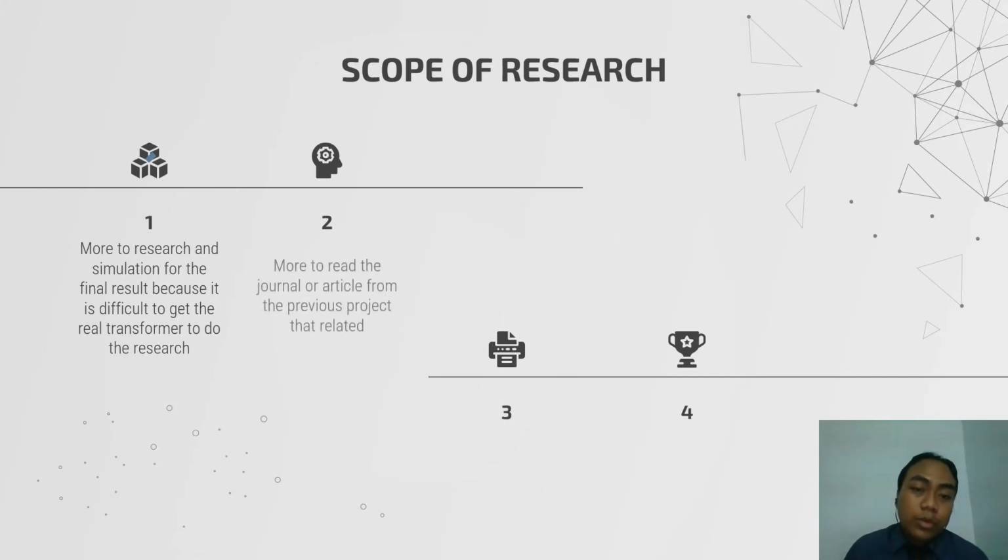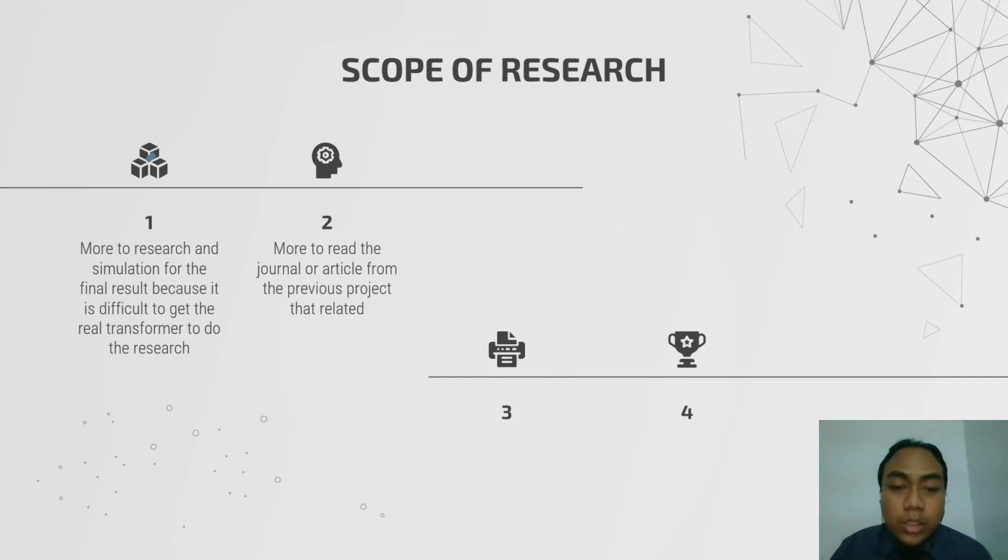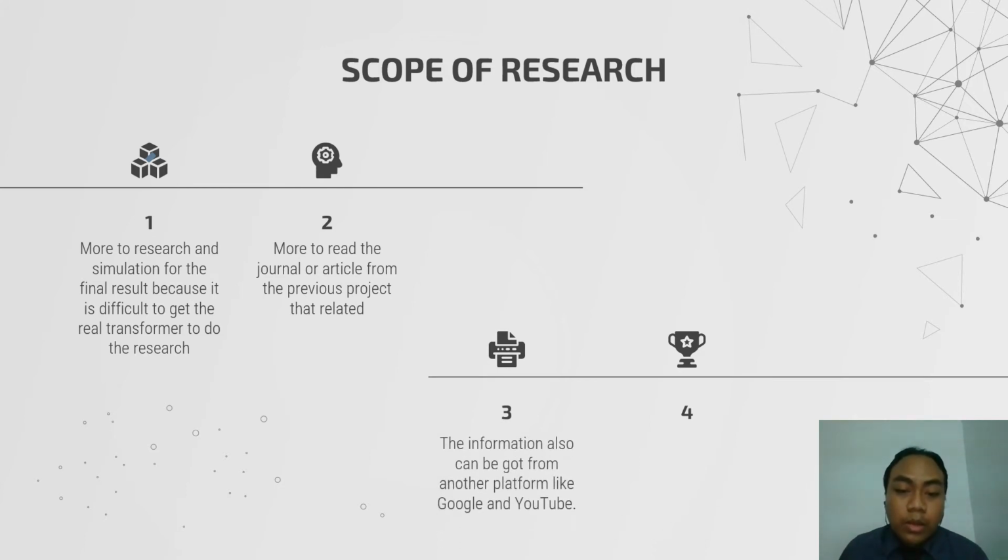The second point is we have to read more journals and articles from previous projects related to this project, so that we can get more understanding of how the short circuit force on the winding transformer works. Other than that, the information can also be gotten from other platforms like Google and YouTube.